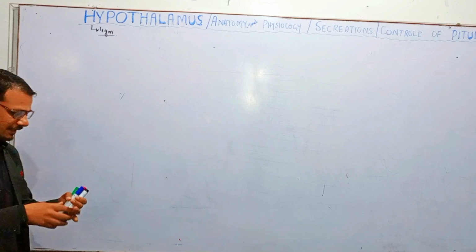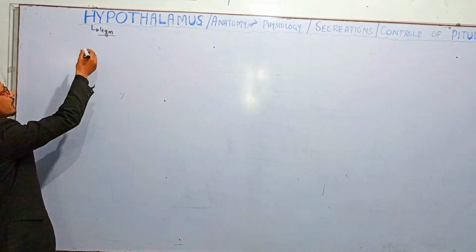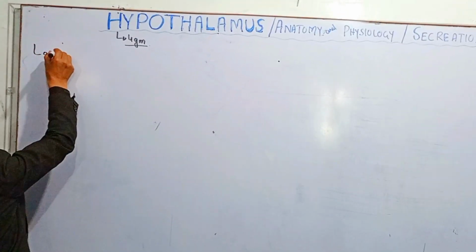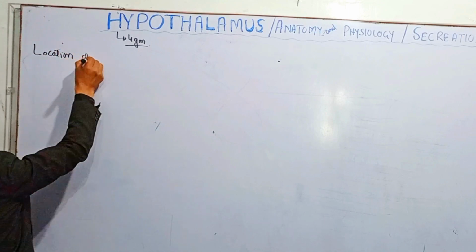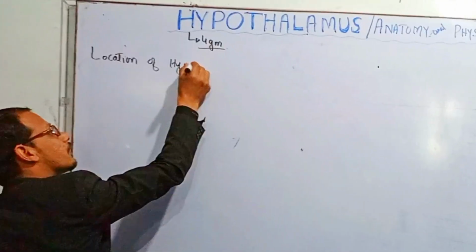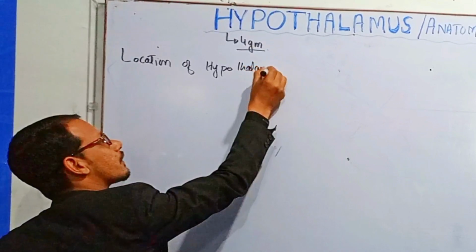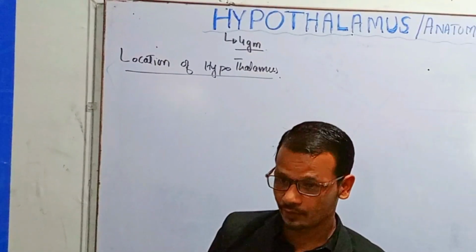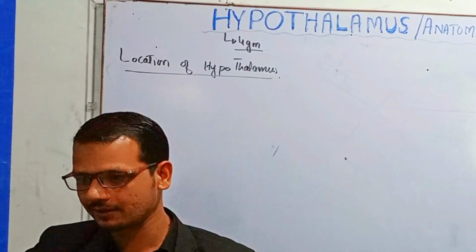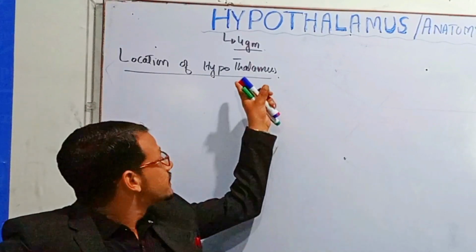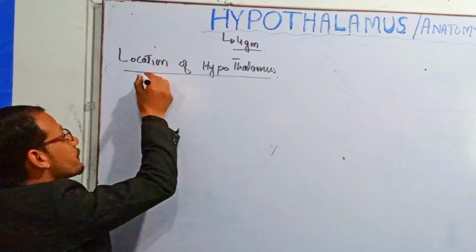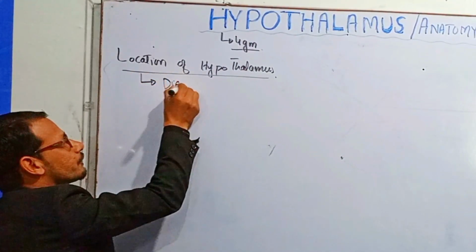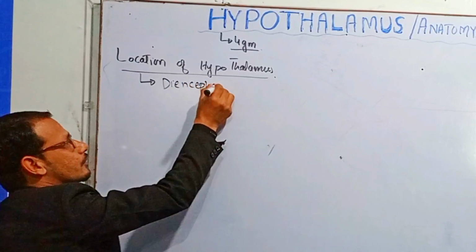Actually, this hypothalamus is situated in the diencephalon. Right? First of all, the exact location of the hypothalamus: where actually is the hypothalamus situated in our body, in the brain. It is present in the diencephalon.